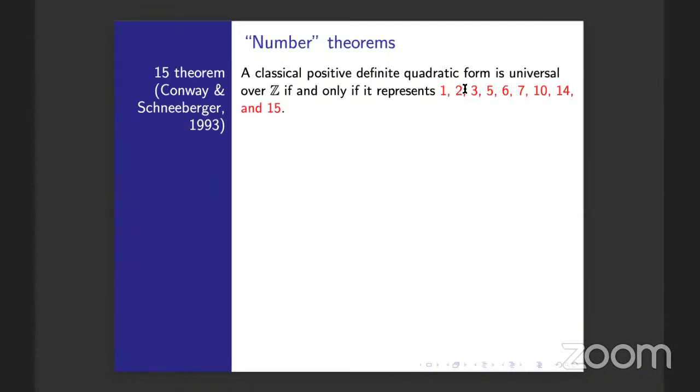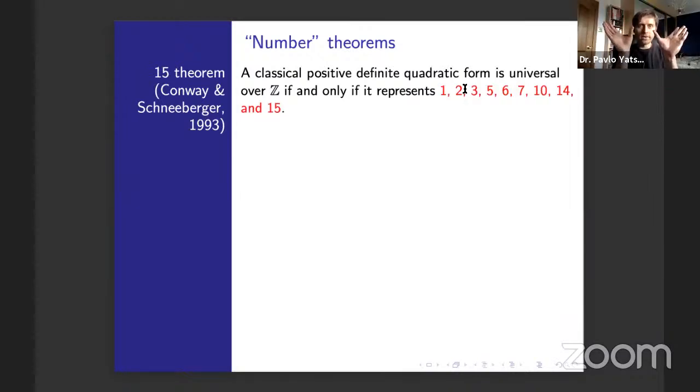You grow like that, and eventually you get a tree of forms, and every path you take ends in a universal form. All you do then is check which numbers you had to represent in each step. What you find are exactly the integers 1, 2, 3, 5. The squares are missing, because if you represent 1, you represent 4, and so on.